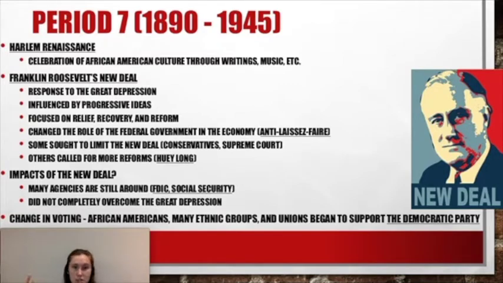So Great Depression means rise in unemployment, the crashing of the stock market, people are not able to make money, production is going to slow down. And what we're really going to see because of the Great Depression is a massive growth in federal power at this time. We're going to have the New Deal, which is Franklin Roosevelt's policy of trying to help the American economy to recover.